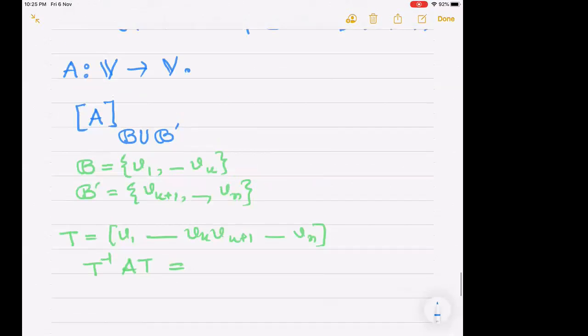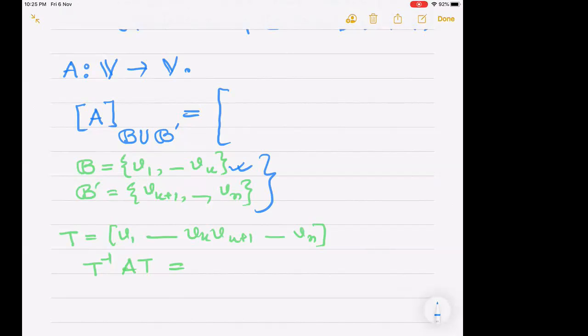What T inverse AT, how is it going to look like? Operator form, this is what we are trying to find out. Now, this is absolutely crucial. You have to pay utmost attention to what I'm saying now. What is the first column of this matrix? What is my basis? Basis is like this: v1 up to vk and then vk+1 up to vn. Remember that v1 up to vk span W, which is A invariant.